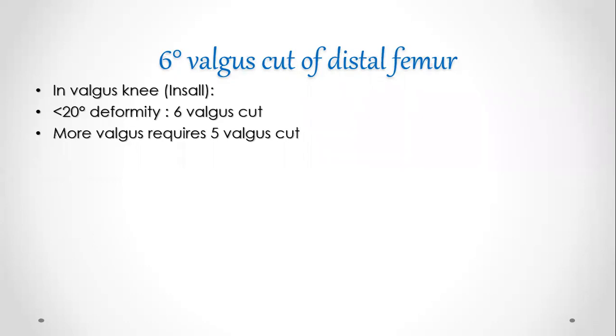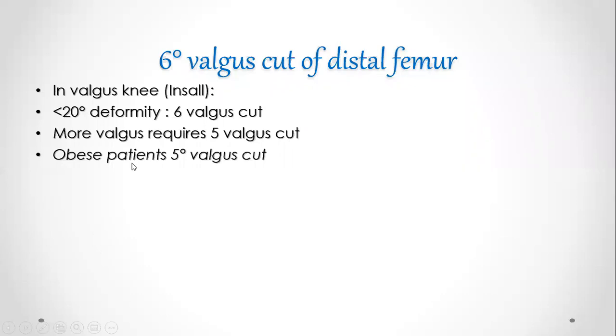In short people you have to make the valgus angle 8. In valgus knee, not the varus, if it was less than 20 degree valgus, you make the valgus cut 6 as that of the varus. More than 20, lower the valgus cut.